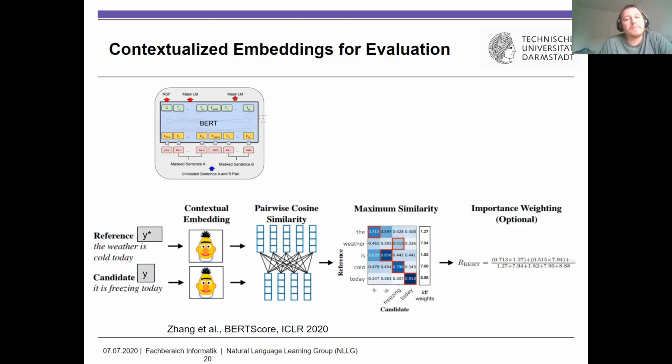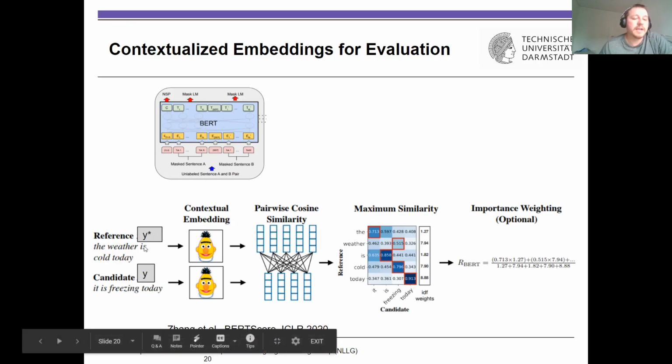We already saw in a previous lecture the MoverScore model. There's a similar model which is called BERTScore, and it works as follows. It takes our two ingredients, namely the system prediction and the human reference, and feeds them through BERT.